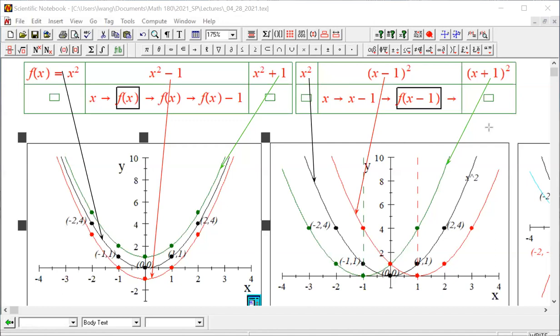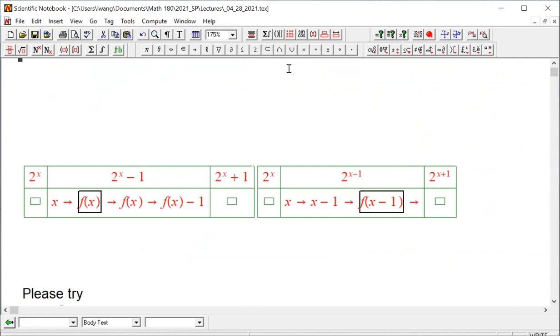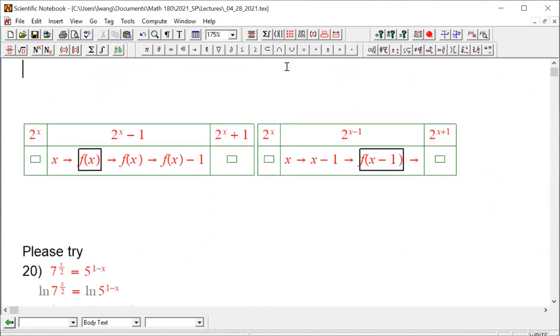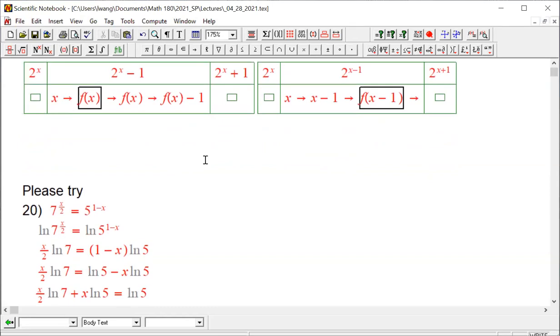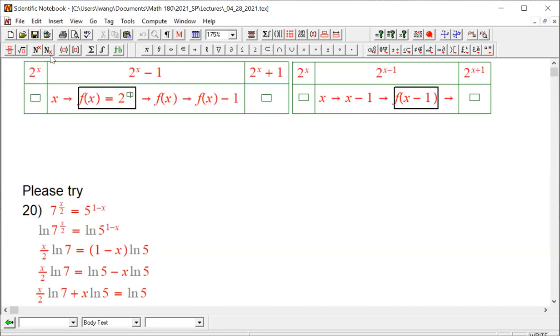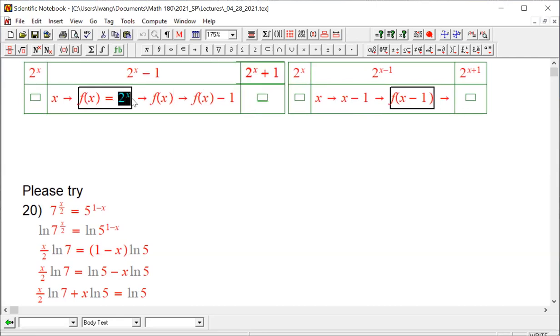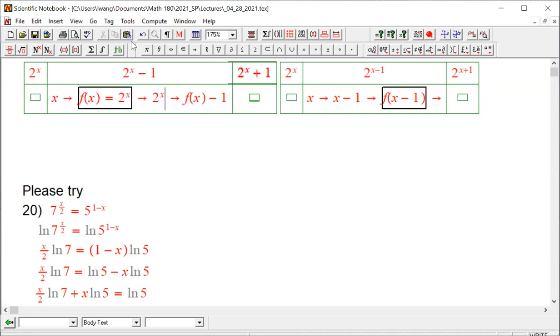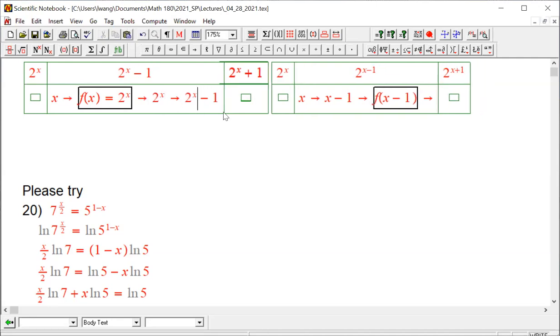Okay, we have 10 minutes left. Let's move on. Here we go. We do one at a time. You can see already, from a functions perspective, this is 2 to the power x, and this is 2 to the power x minus 1, and that's 2 to the power x plus 1.